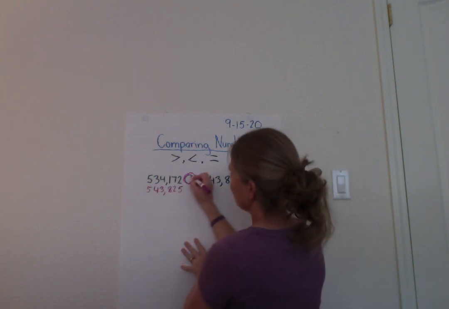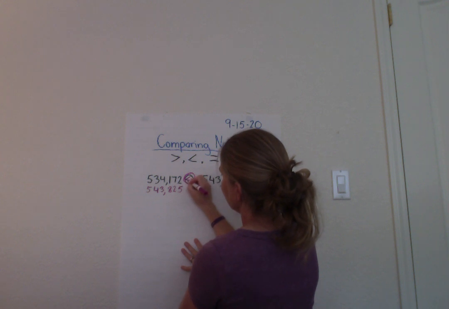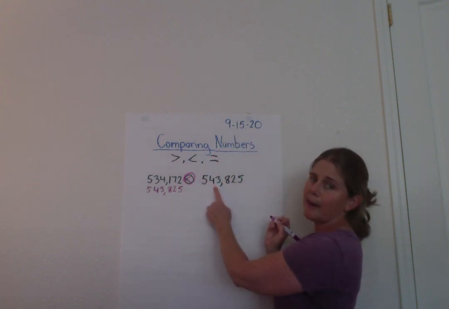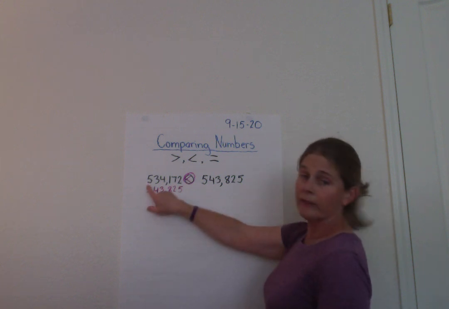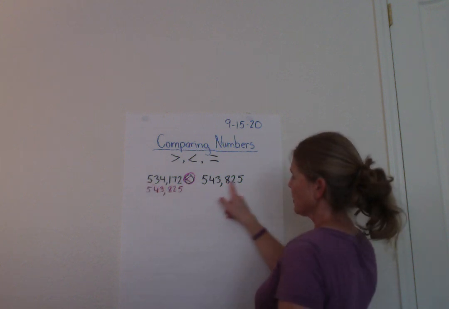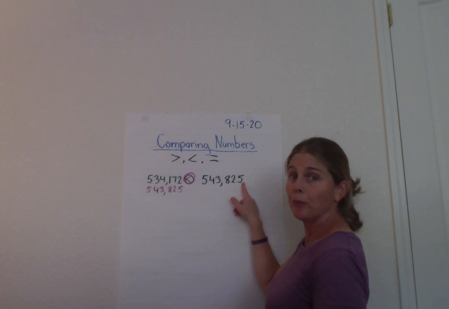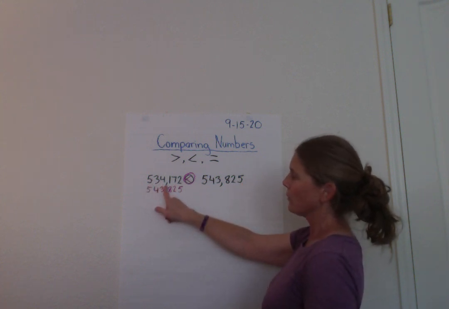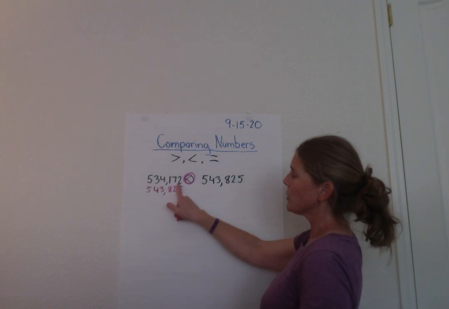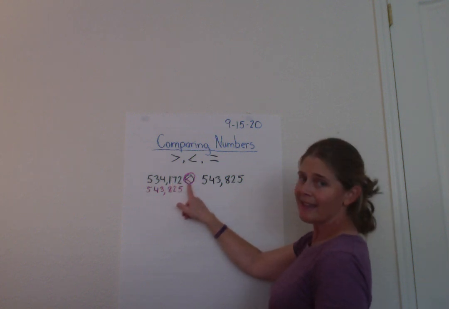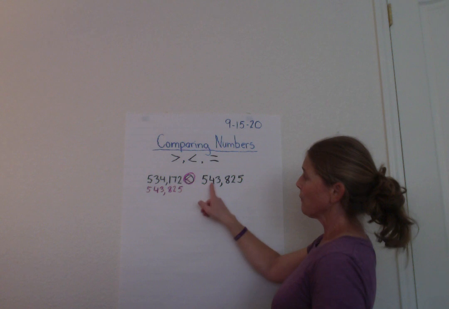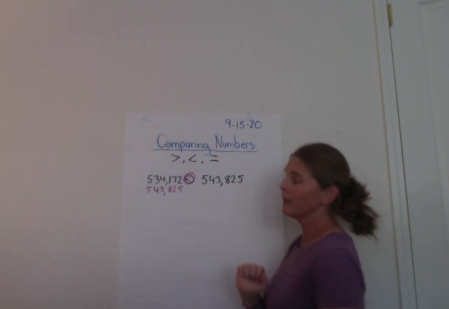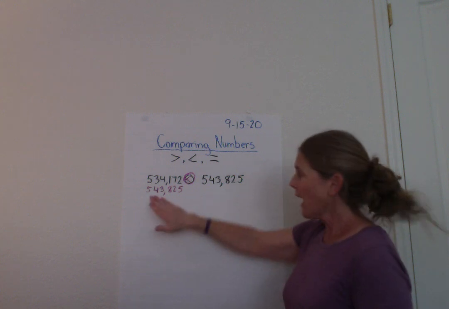So remember, I know it's goofy, but that alligator is going to eat the biggest number. The way I read this now is I go from left to right, just like I'm reading a book. 534,172 is less than 543,825. Easy as that.